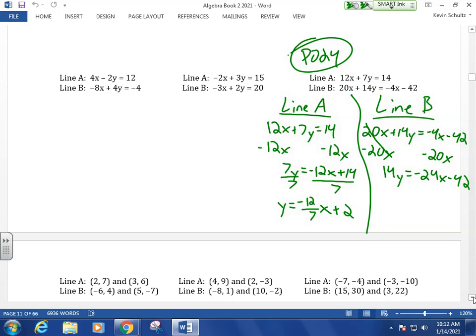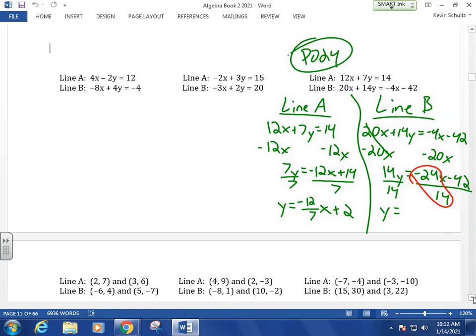How's this looking so far for parallelness, perpendicularness, or neitherness? Our next step is to divide everything by 14. On the left side, we got y by itself. And we got negative 24/14.